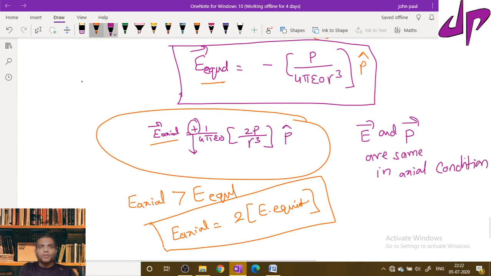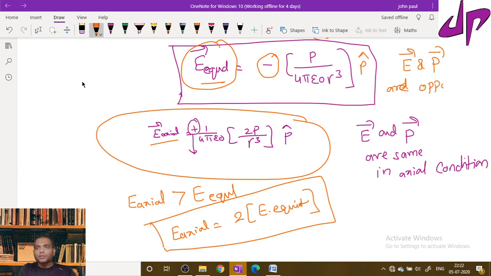But in the equatorial condition, the electric field has a negative sign. The negative sign shows that the electric field direction and the dipole moment direction are opposite in the equatorial condition.